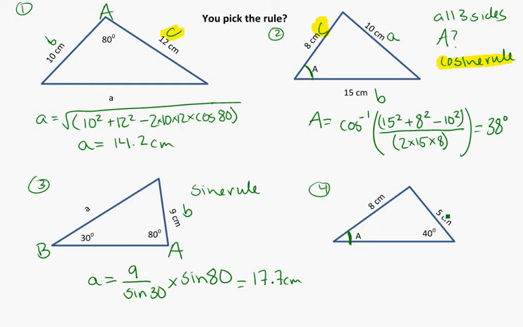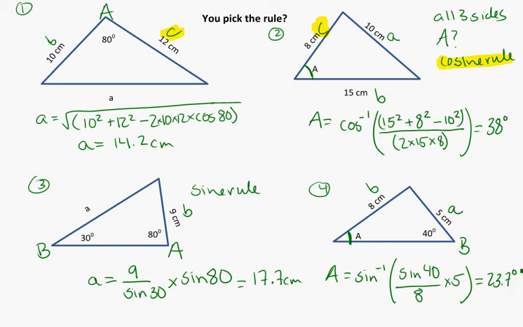All the way across the way, I notice that I've got 5 centimeters, so I'm going to call that one A. And the next side, you'll notice going clockwise like I usually do, there's nothing there, so I'll just go on to the next one and call it B. And then the angle across from it is going to be angle B. And our shortcut rule for this is going to be A is equal to sin inverse of sin B, which is 40, divided by B, which is 8, times A, which is 5, is going to be equal to 23.7 degrees.